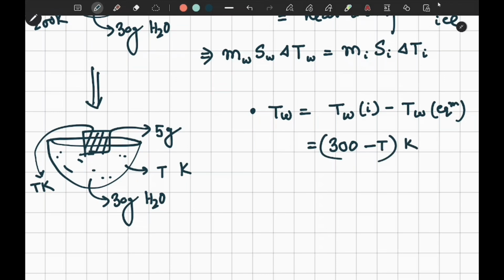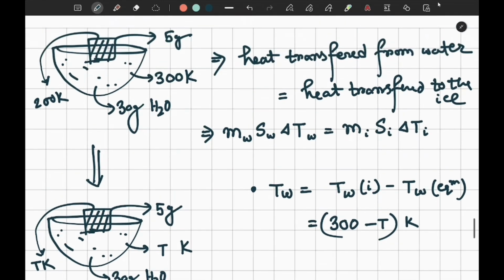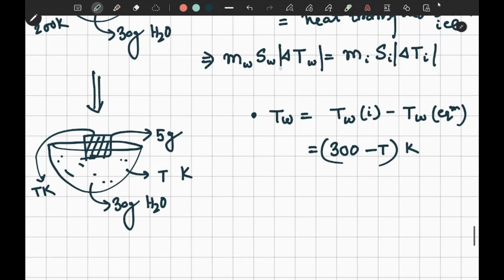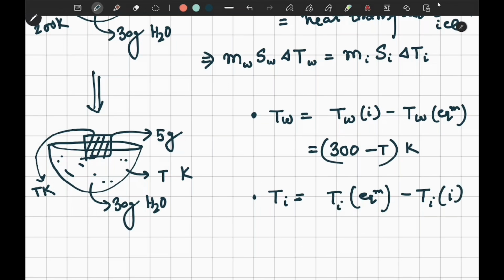And why have the minus? Because the temperature will decrease as heat is going from the water. But for ice, we have to reverse it because it will be gained by the ice, so the temperature will eventually increase. So this is T and this was 200 Kelvin.